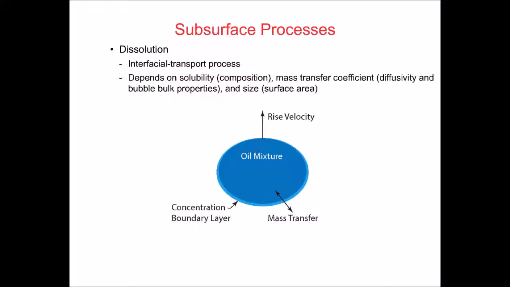But once they started injecting chemical dispersant, the purpose of doing that was twofold: make smaller droplets that will spend more time in the water column so that they will have less mass making it to the surface, because the longer you spend in the water column, the more dissolution, the more biodegradation can occur.